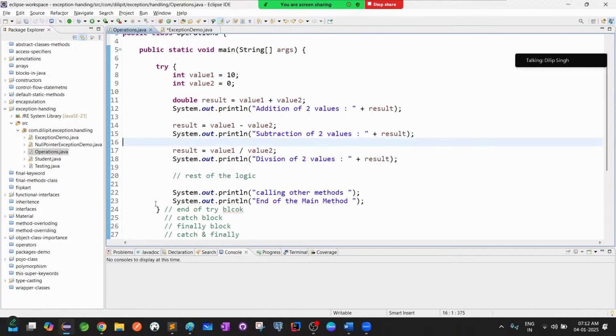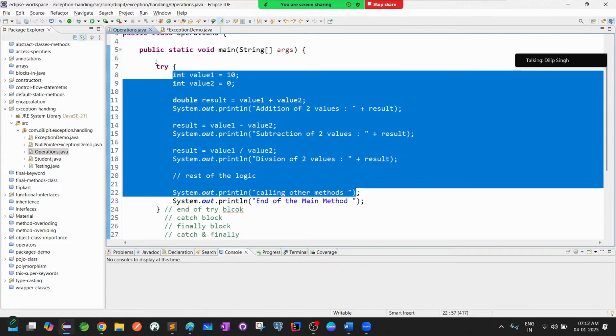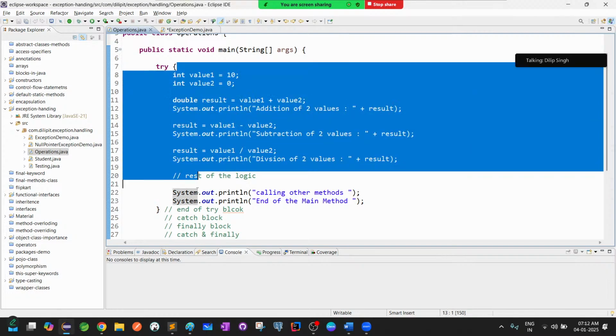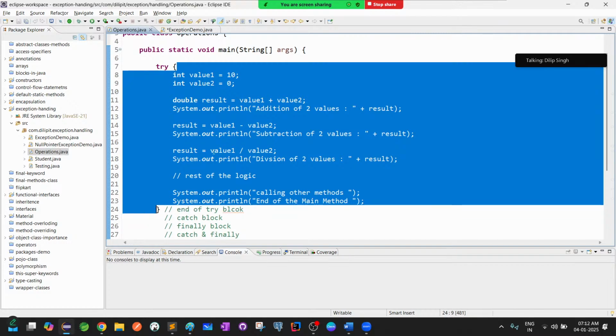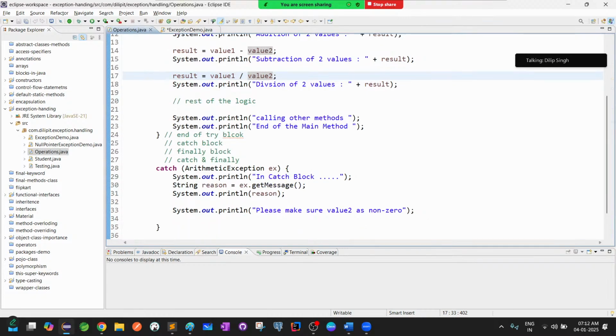But I want to handle the exception, so I moved the logic inside the try block. Whenever an exception comes at any line in between the logic of the try block, if you want to handle those exceptions, you have to go with catch and finally blocks.